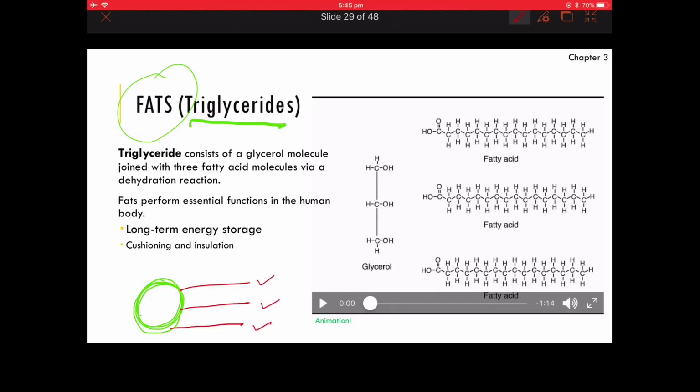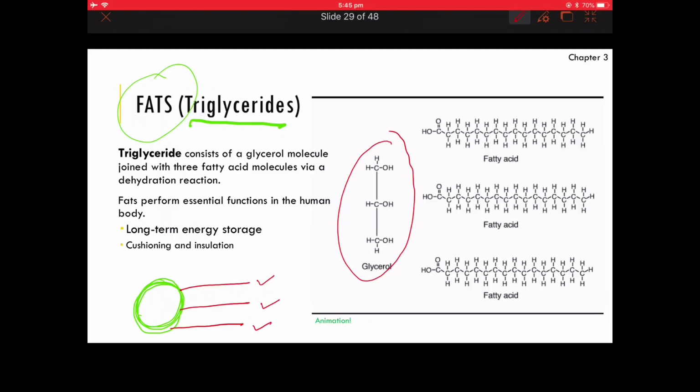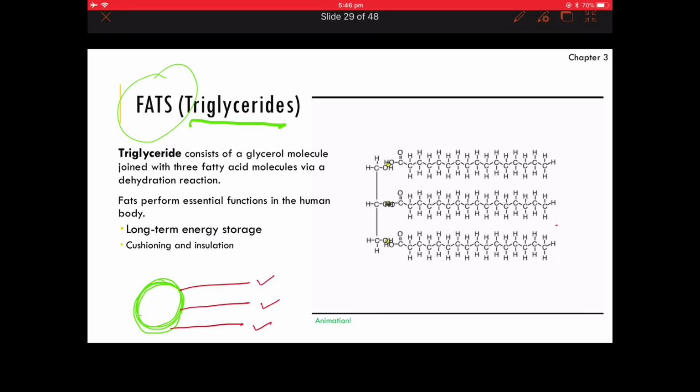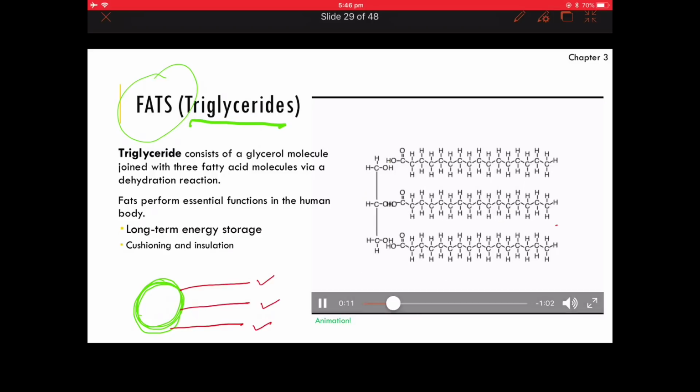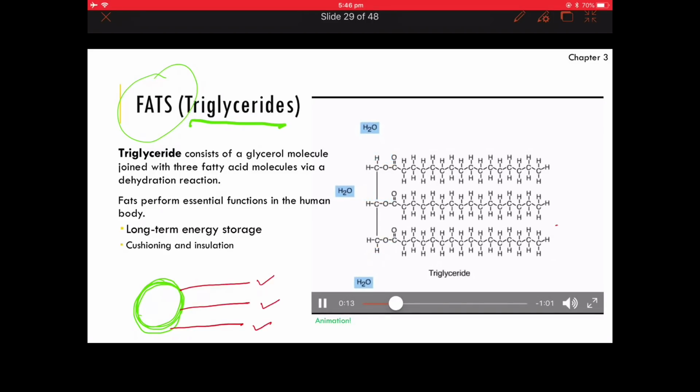I will play this video for you so you can see how they form. So you have, this is the glycerol and these are the fatty acids. So if you see, once they join, water is being lost. I'll repeat that again. This reaction is called a dehydration reaction.